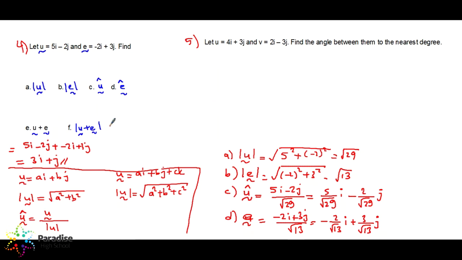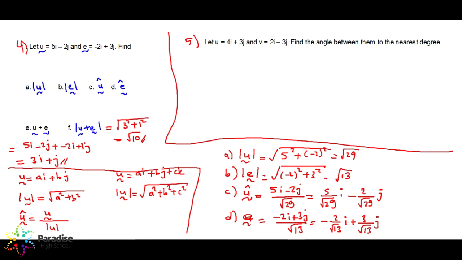What about the magnitude of that? So the magnitude of this result is going to be 3 squared plus 1 squared, that's going to be root 10. So that's the answer.